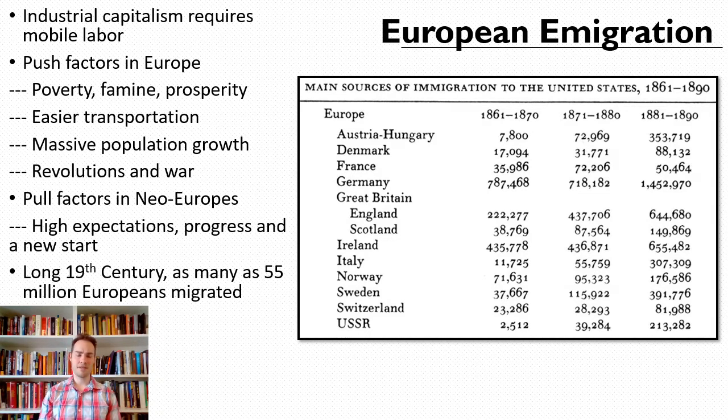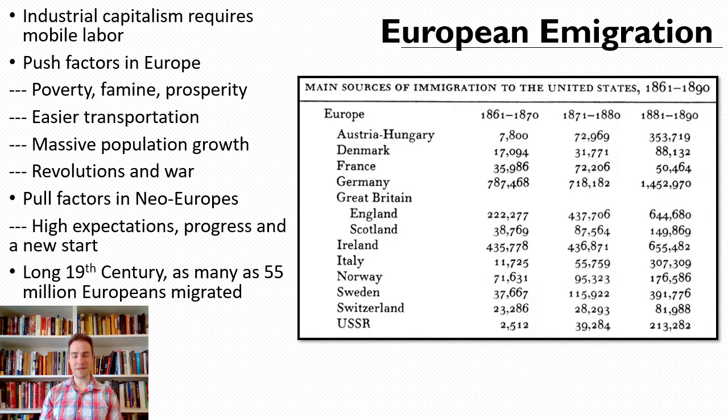There was this idea of prosperity in the future, that if you went somewhere else, maybe you could have some prosperity. There was also a lot easier transportation. We saw steam engines and railroads aiding in colonization and imperialism. Here you have the literal people behind that. These are the people taking those railroads.